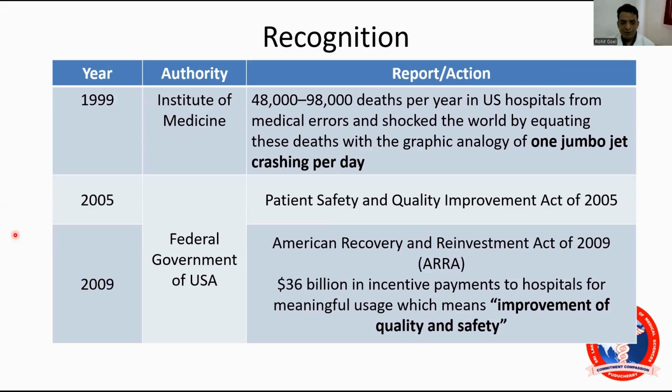This was aimed at promoting meaningful adoption of technology to enhance the quality and safety of patient care. With this movement, we can see that there was also the arrival of electronic health records. The legislative measures marked a significant shift towards prioritizing patient safety in healthcare systems worldwide.